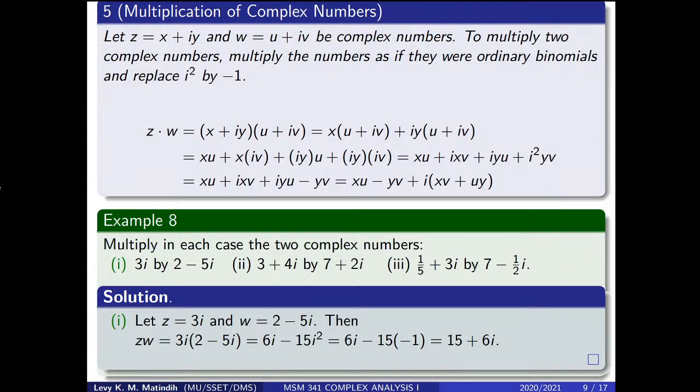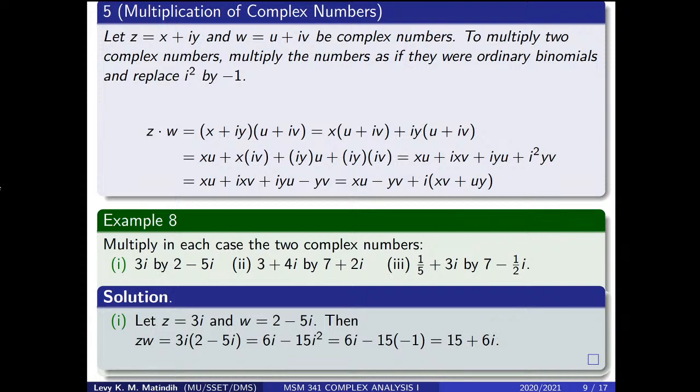After you have done the multiplication and already expanded, then when adding or subtracting, that's when you need to remember those restrictions. You add the real parts together, and you also add the imaginary parts together. So you have xu plus ixv plus iyu minus yv.